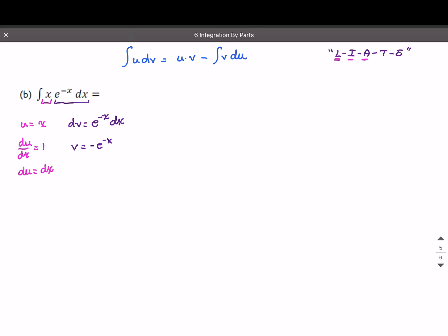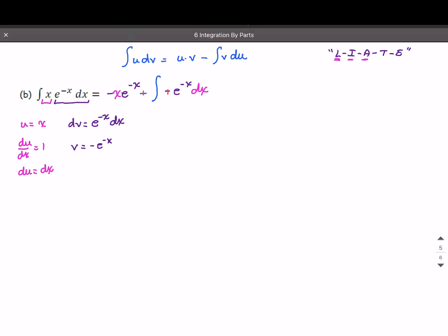Everybody okay so far? All right, now let's use our rule. We need u, which is x, times v, which is negative e to the negative x, minus the integral of v, which is negative e to the negative x, times du, which is just dx. Now we can take this double negative and make that positive.